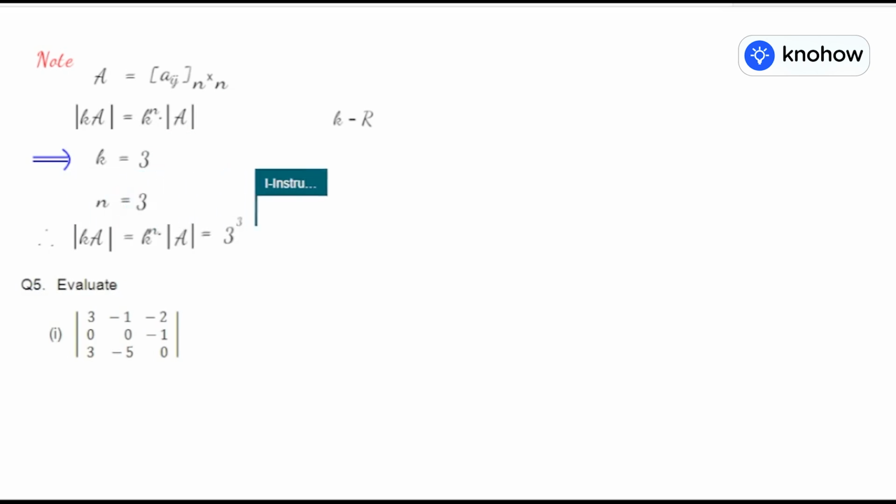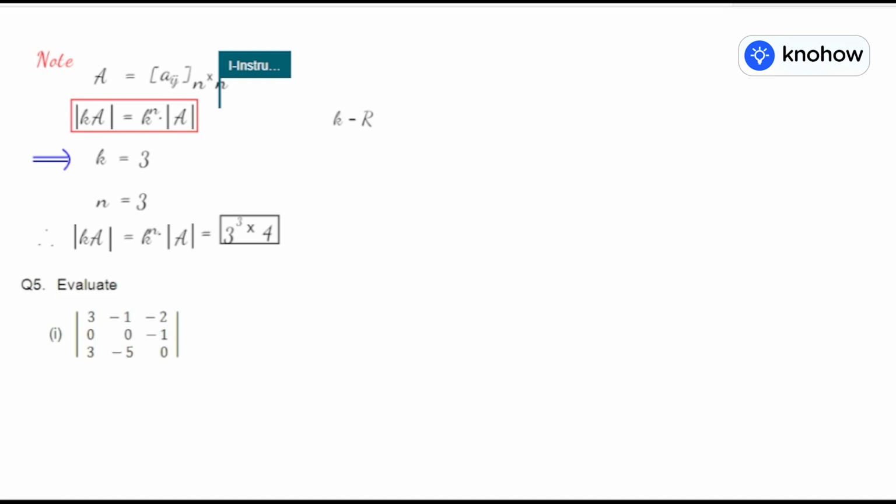That was 4. So it will be 27 times 4. So remember this formula. You may be asked in general that if given is a matrix of order n, what will be the determinant of KA? So it will be K to the power n times determinant A, where n is the order of the matrix.